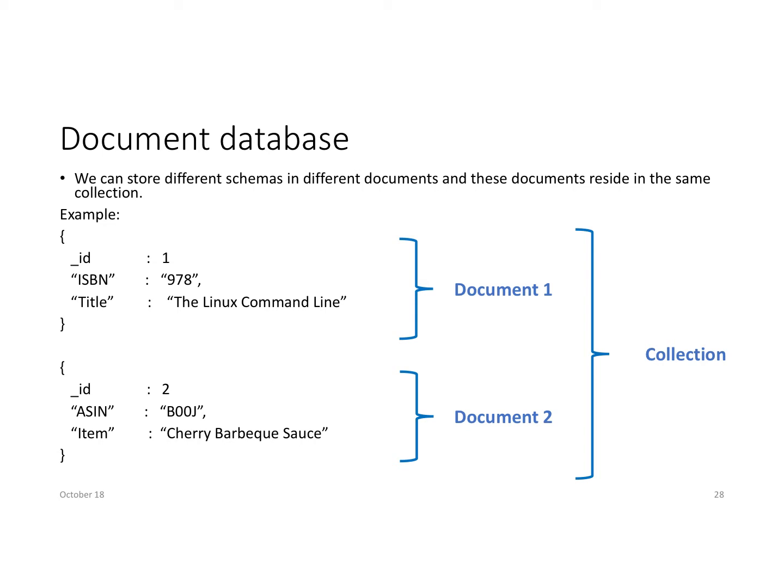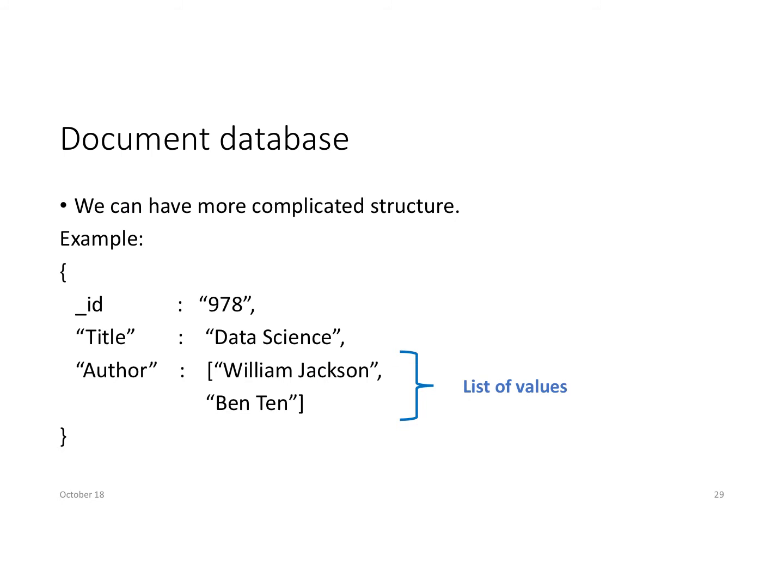So how do we write in a document database? Each has a collection, of course, and each is a document. This we call a key, and it is a name and value. We have a lot of them, and we have collections. We can also have a more complicated structure.